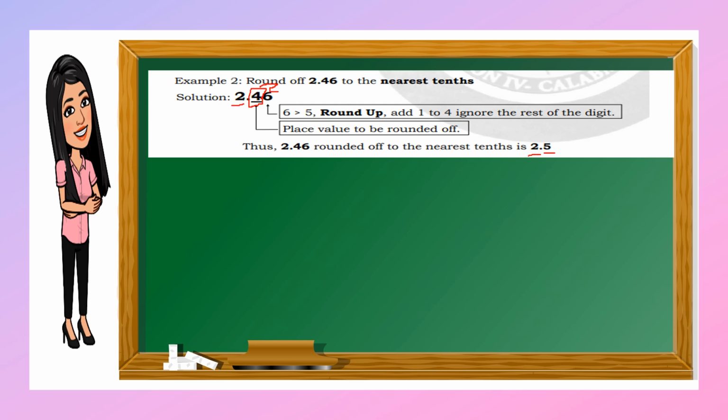Yung 2 ay hindi mababago, 2 pa rin siya. And then decimal point, ang ira-round off nyo lang ay nearest tenths, so that is 4. Since 6 yung nasa likod niya, add 1, so naging 5. So 2 and 46 hundredths, rounded off to the nearest tenth, will become 2 and 5 tenths.